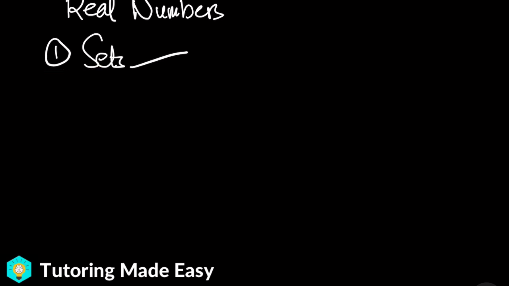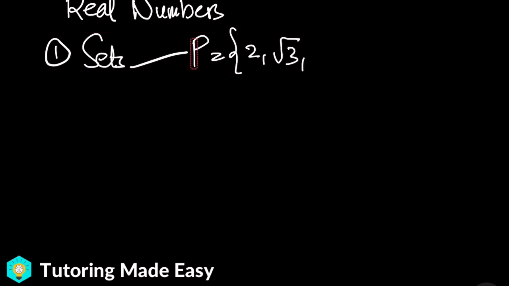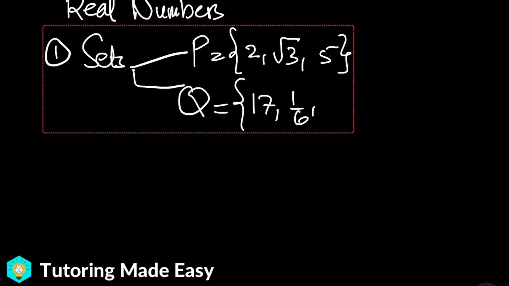One question on real numbers. The first question says that we have three sets. Set P is made up of the numbers 2, square root of 3, and 5. The second set, Q, is made up of the numbers 17, 1 over 6, and square root of 9.